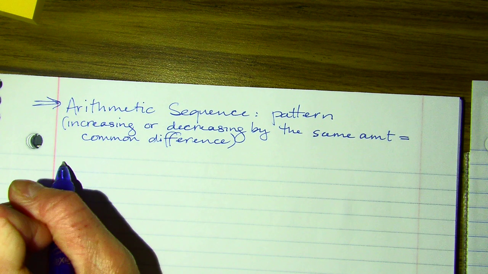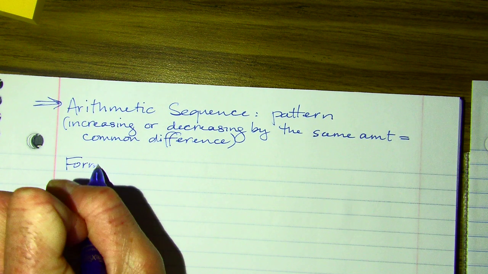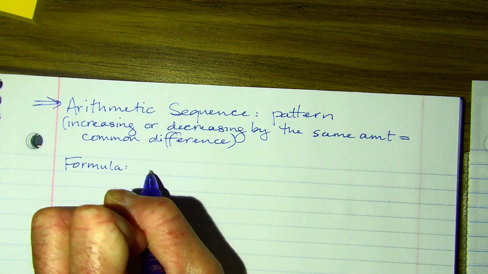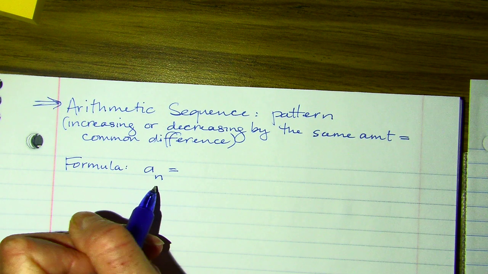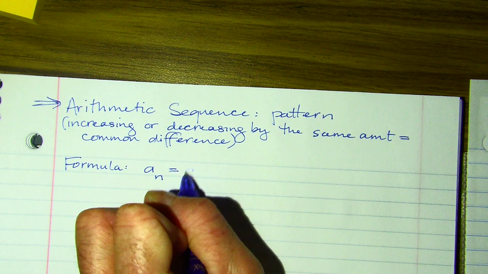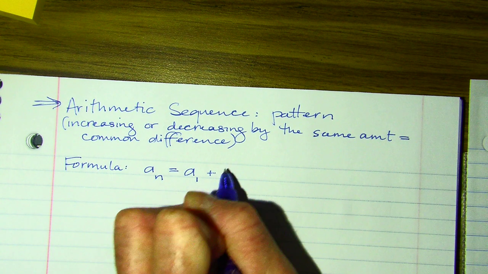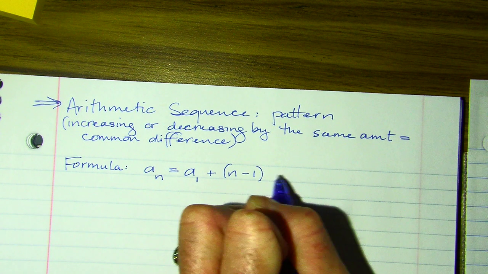Now here's the formula that we're going to use. A sub n, the nth term, and notice the n is lower, it's below the line, equals A1 plus n minus 1 times d.